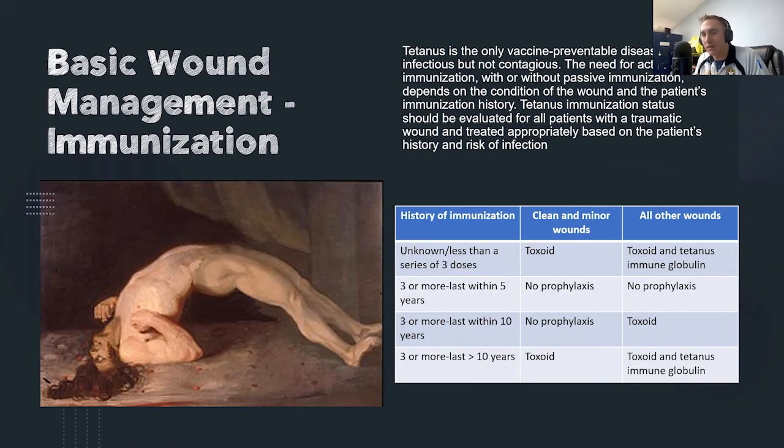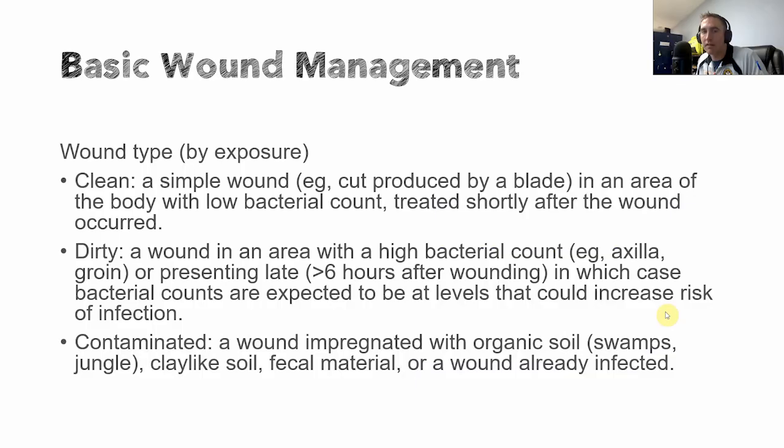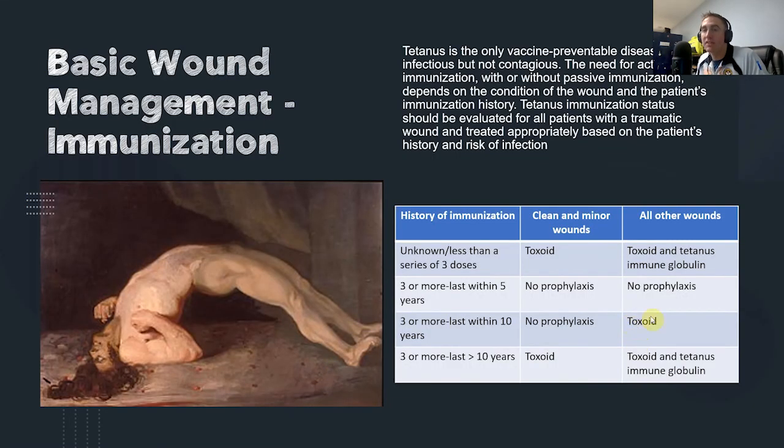Well, even if they have had a tetanus vaccine, even if they've had, look at this here, 3 or more within the past 10 years, but it's a contaminated wound, then they could still need prophylaxis.